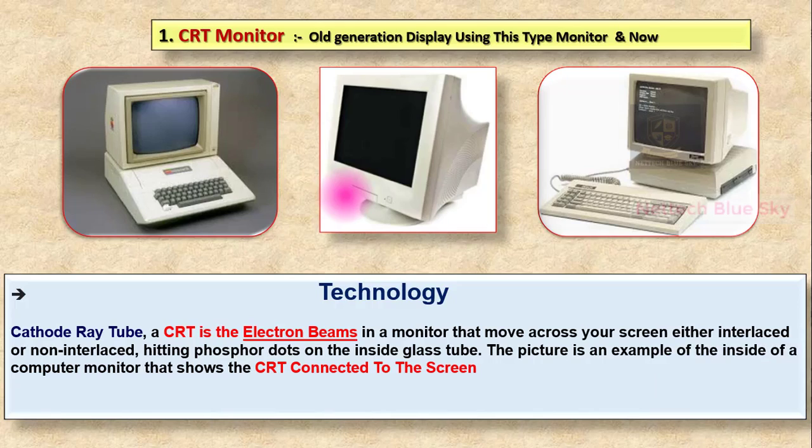So you can see in a CRT monitor the phosphorus gas inside and the electronic beams. I will discuss electronic guns in the next video, but today I'm discussing the CRT monitor.